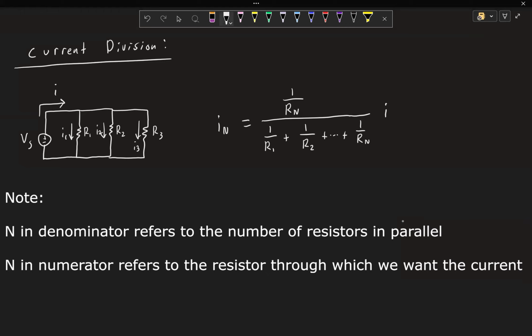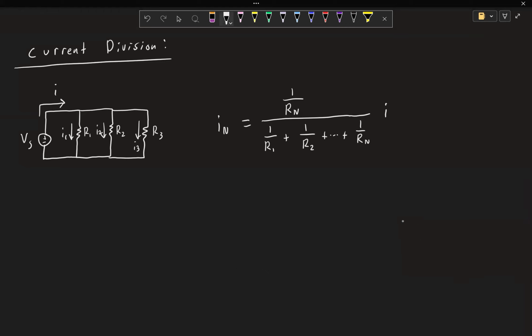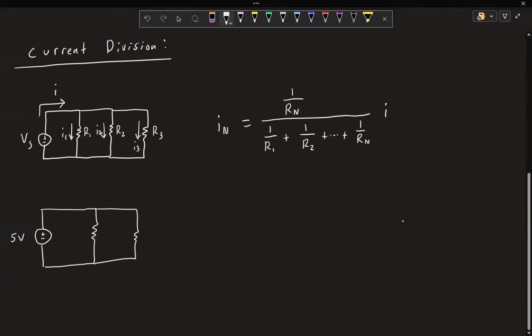So, for example, if we had the following setup, and we wanted to find the current through either resistor, we can call that I1 and I2. We can use this formula.